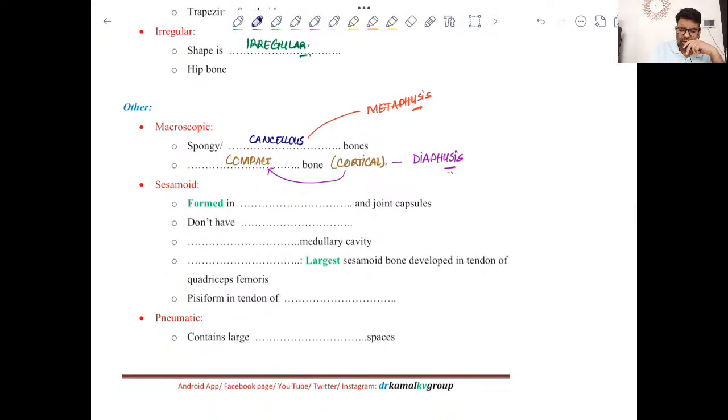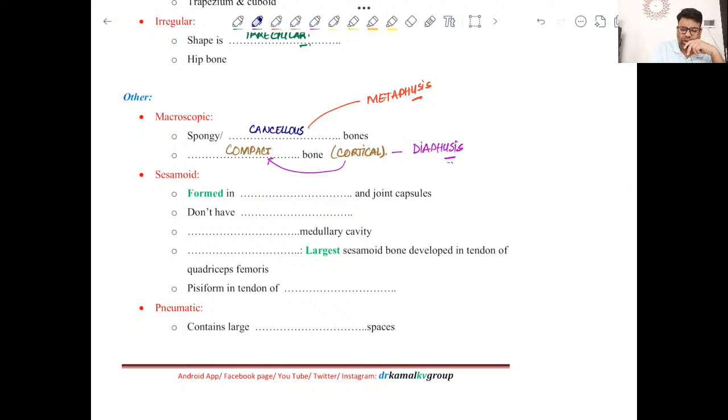Now there is a different class of bones known as sesamoid bones. What we have learned till now is that a bone will develop either in a cartilaginous model or in a membranous model. But there is a different group of bones which develops in the tendons of muscles and in joint capsules.